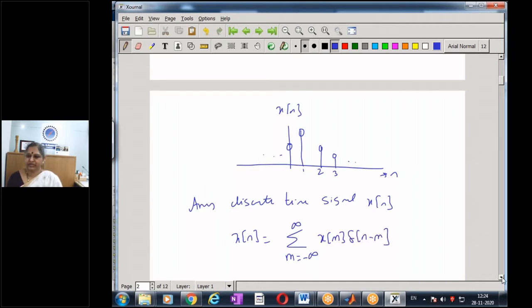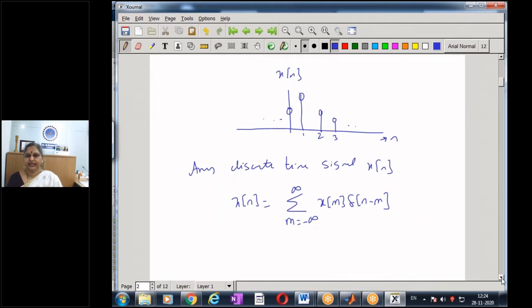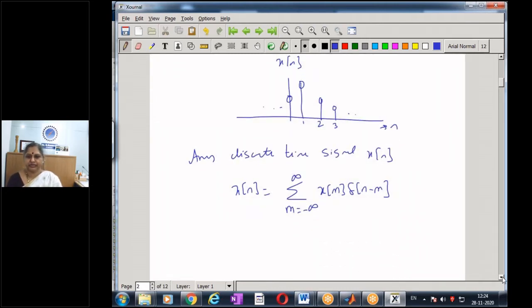This is representing any signal x[n] as a weighted sum of shifted impulses, where the weights are given by the actual value of the signal at that instant of time. So using this representation, we can represent any signal x[n].